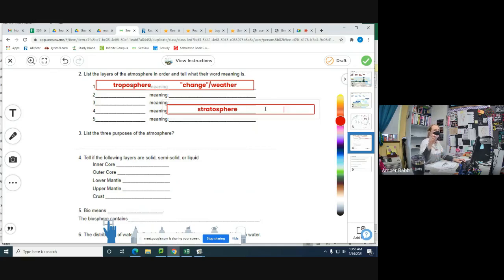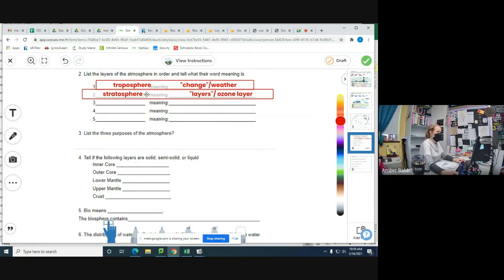Stratos means... Zeke. Well, I think there's stratus clouds, and those are like wavy ones, kind of. Yeah. Layers. Stratos means layers. And we call it this because this layer has the ozone layer that protects us.